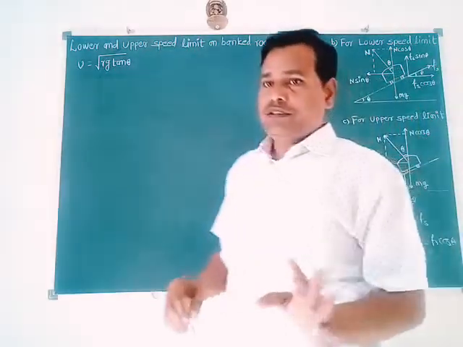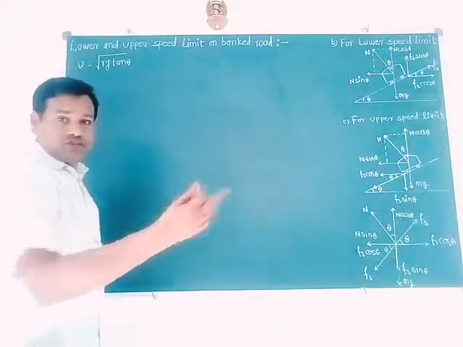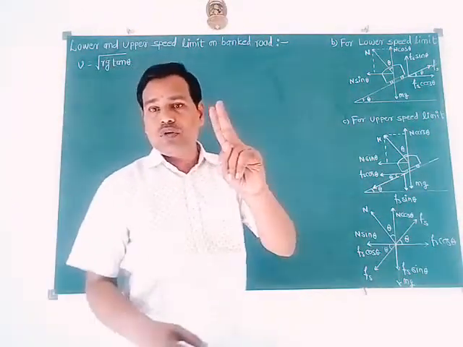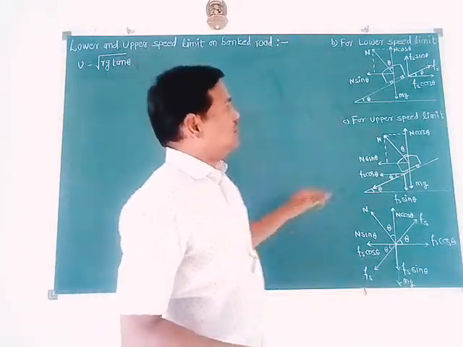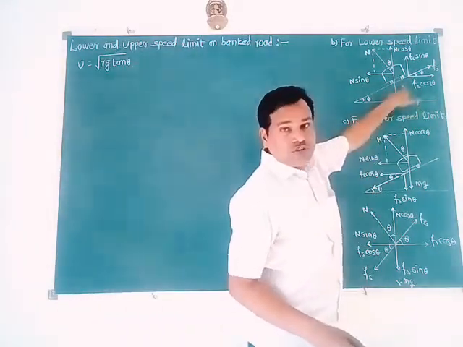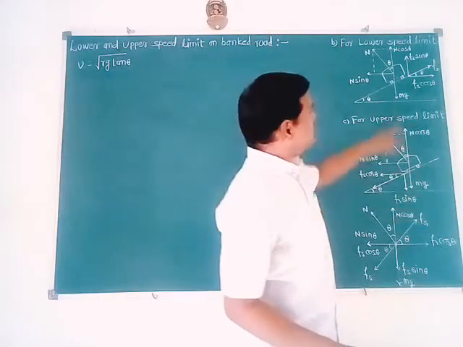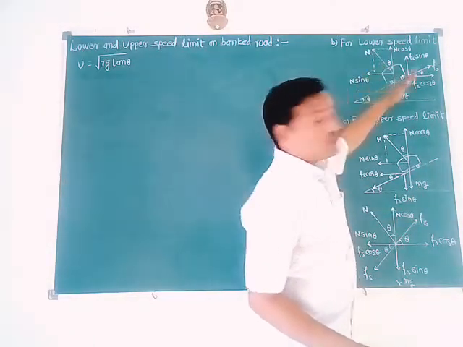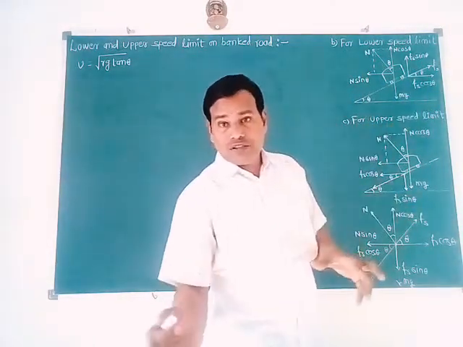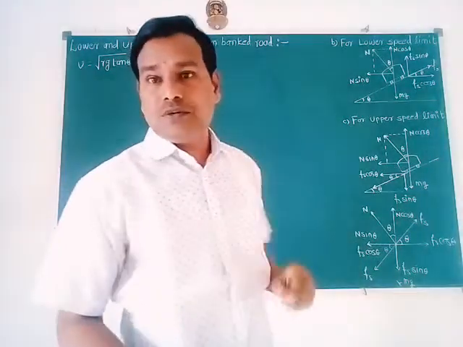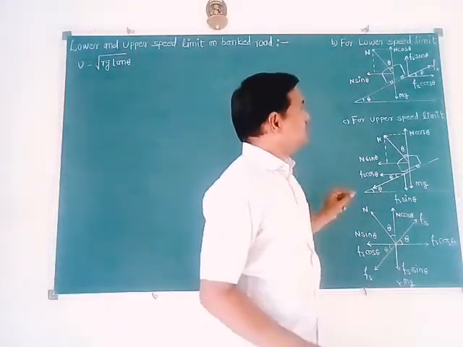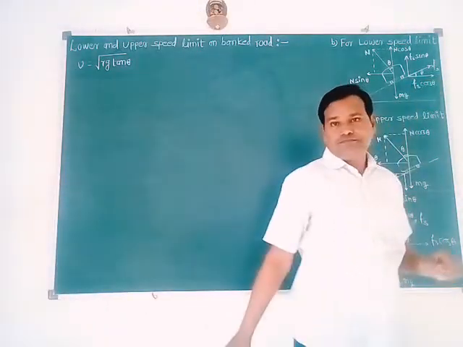But in this case, we have to consider one extra force. In the last case, we considered only two forces acting on the vehicle. That was first weight mg, which is acting vertically in the downward direction, and second, normal reaction perpendicular to the inclined surface. But in this case, we have to consider a third force in action, and that force is the force of friction.